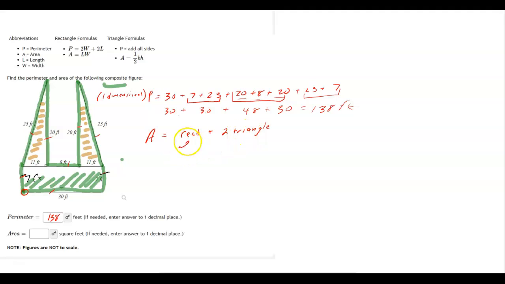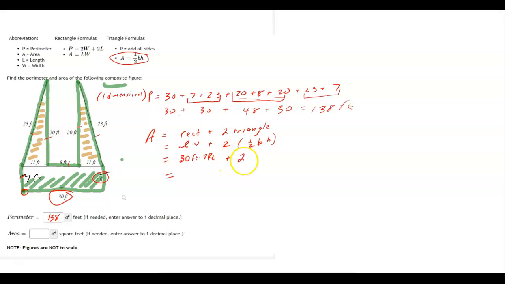The rectangle is length times width, and the formula for the triangle, if you remember, is 1/2 the base times the height. It's given right up here. The length and width of this rectangle is 30 by 7, so you just multiply that 30 feet by 7 feet.